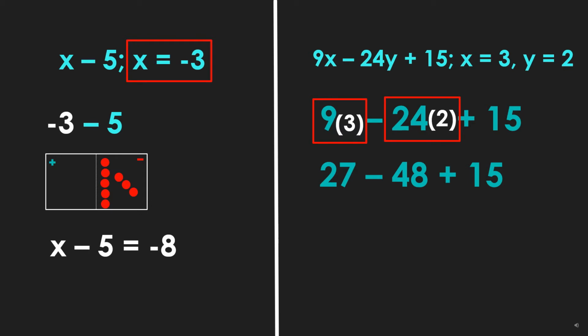If you can recall, in performing operations, we start from left to right. This means we will answer first what is 27 minus 48, and whatever is the answer on this will be added to 15. Remember the operations on integers? This one is subtraction. From 27, you have to get 48. But ang 27 kulang og 21 para mahimong 48.